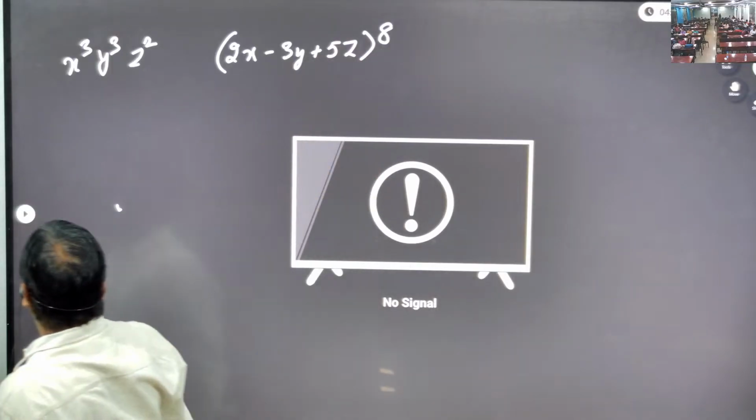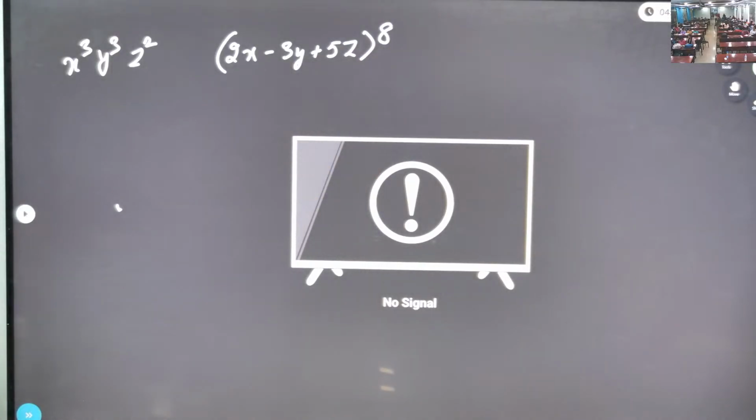Okay, x cube, y cube, z square in the expansion of (2x minus 3y plus 5z) power 8.